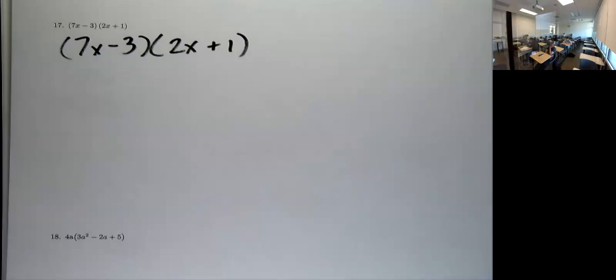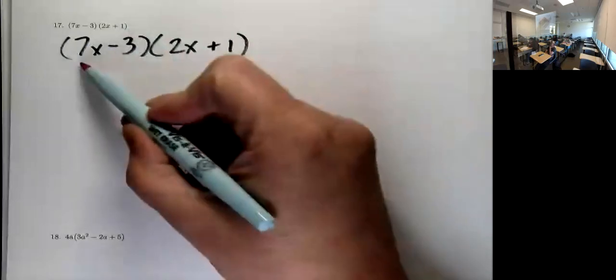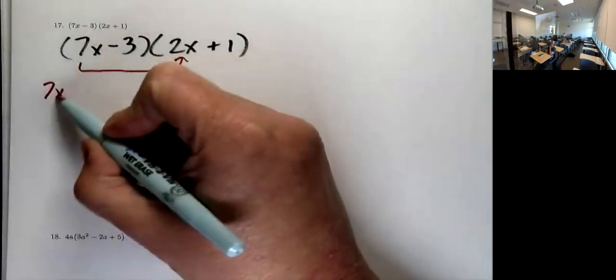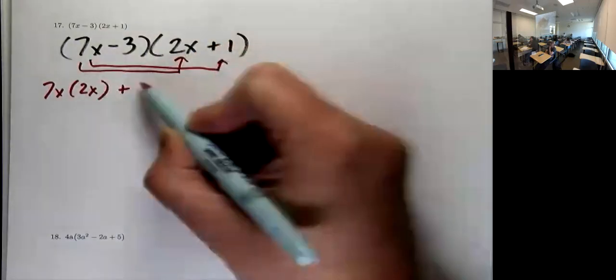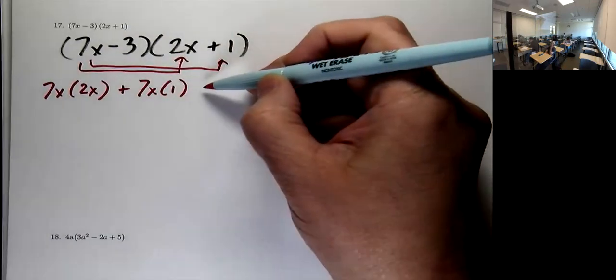So I enlarged the problem for Ariana. Here, we're going to distribute. We're doing the FOIL thing, if you like that, or the diamond method, if you like that. I personally like distribution. 7x times 2x, plus 7x times 1. I'm only writing this out just to make sure you guys know what I'm doing.